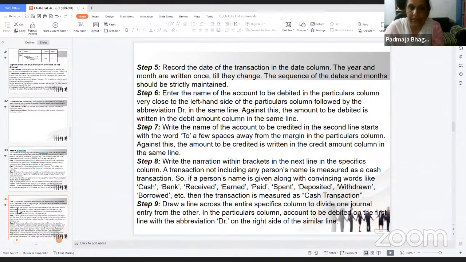Step 8, write the narration, in the same way I just explained. And the last step is to draw a line across the entire particulars column to divide one journal entry from another.